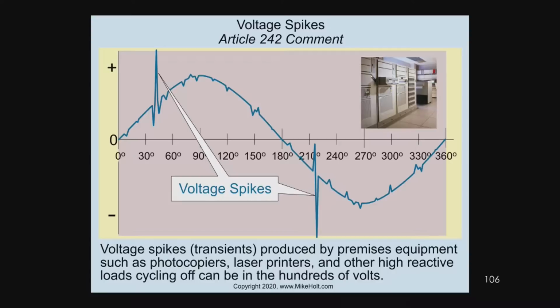Okay. Now, voltage spikes, down at the bottom, called transients, are produced by premises equipment: photocopiers, laser printers, and other highly reactive loads cycling off, and can be in the hundreds of volts. What does it mean by reactive loads, if you can explain? And what kind of loads are they? What does it mean that inside of a building I'm now producing transient spikes?